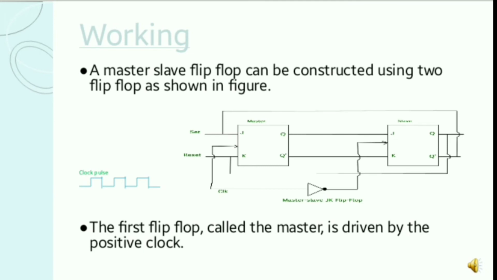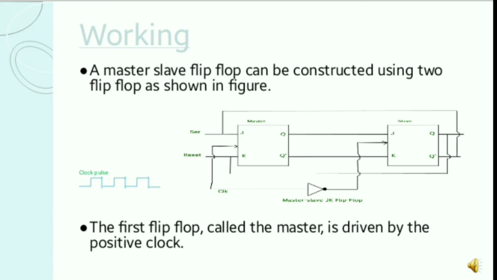So, how does it work? Let us understand how it works. A master-slave flip-flop can be constructed using two flip-flops as shown in the figure. So, a master-slave flip-flop is not a different flip-flop, but we can simply construct it from two JK flip-flops, and the master-slave flip-flop is basically introduced to remove the drawback of the JK flip-flop.